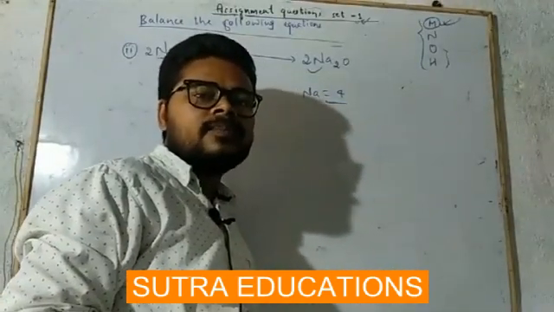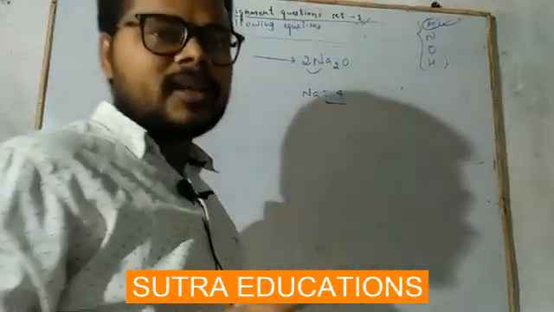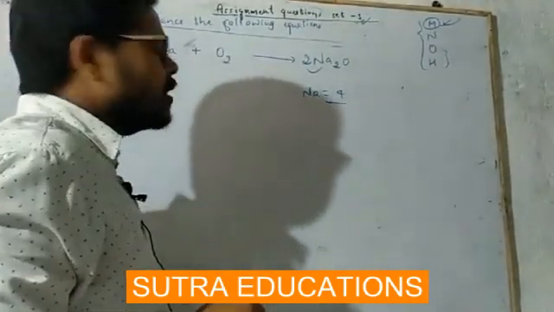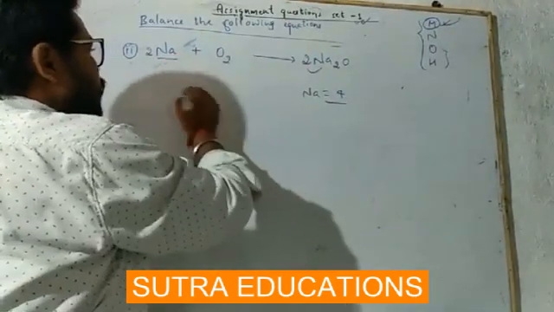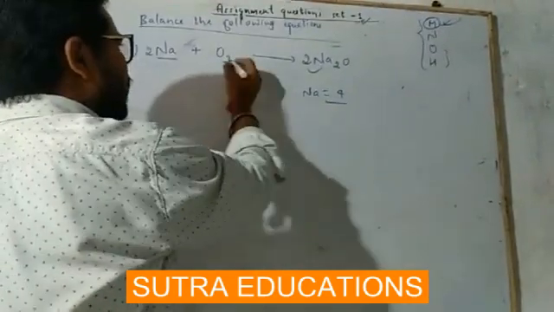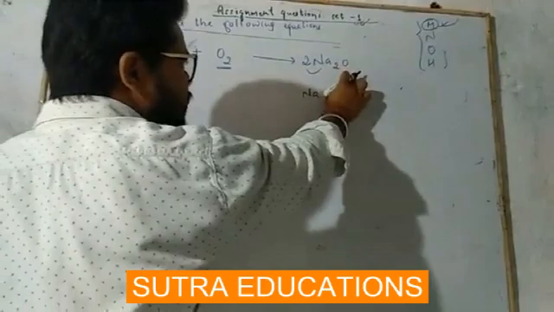So metal was sodium, then no non-metal is present there, so I balanced sodium here. So after balancing sodium, I started balancing oxygen. Oxygen here it was 2, so I multiplied this side by 2.